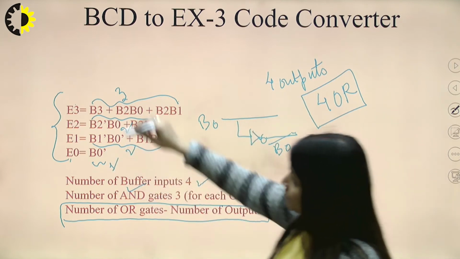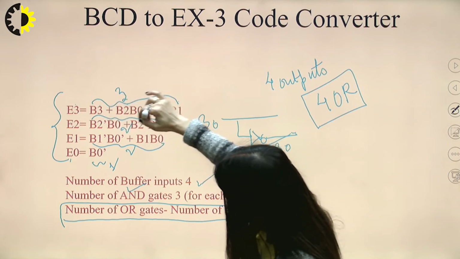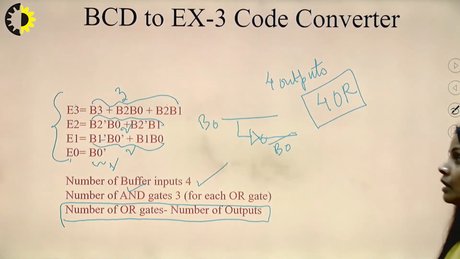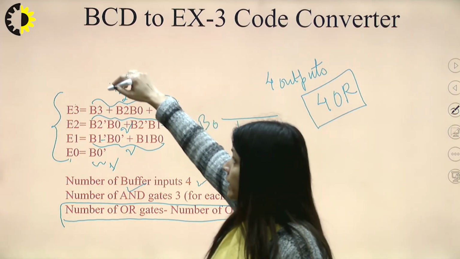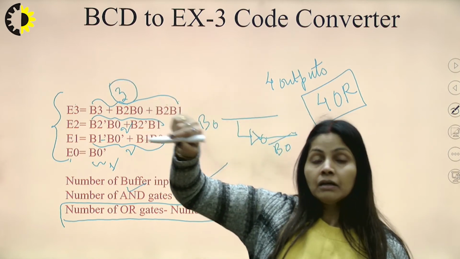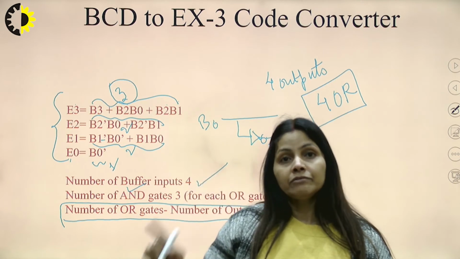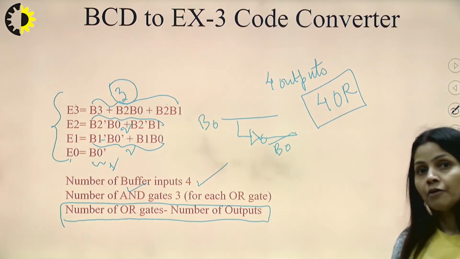That means 1, 2 and 3, 1 and 2, 1 and 2, and 1, right? So that means at least 3 AND gates I will take for each OR gate. That should be clear for PAL.